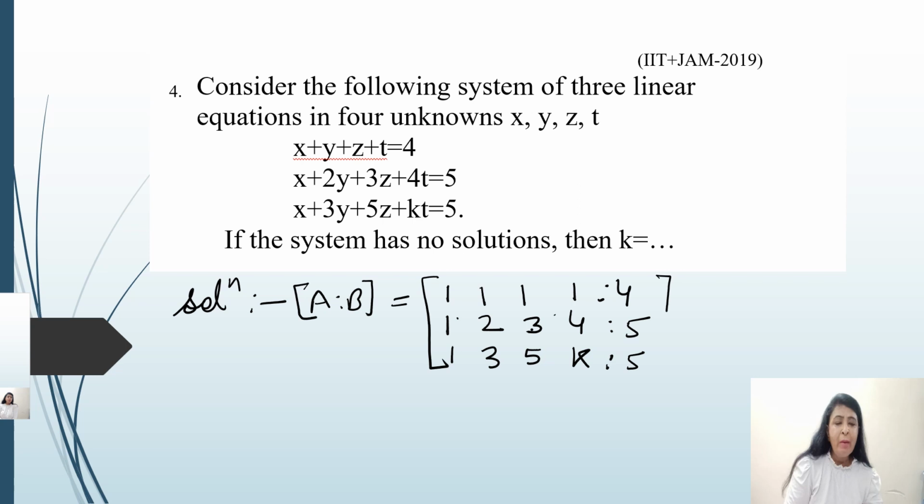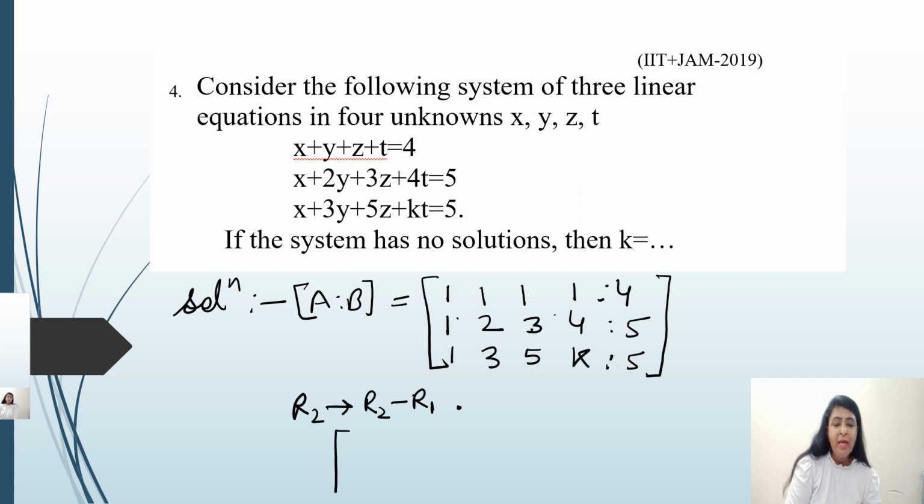So we will apply the Gauss elimination method over it. So first of all, we will make this entry as 0. Then we will make this entry as 0 with the help of elementary row operations. So first of all, I will make this entry as 0 by applying R2 minus R1.